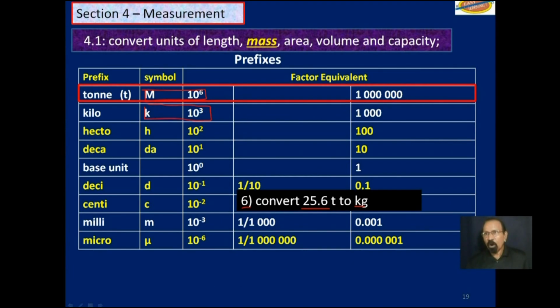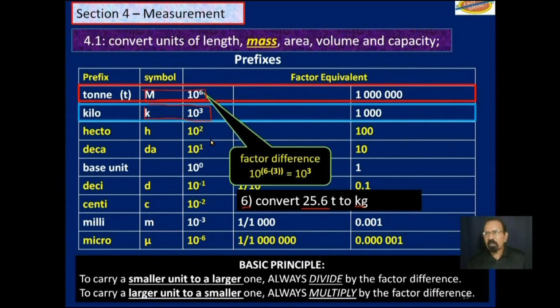We can use that, or we could apply the principle. Our factor difference is 10 to the 6th divided by 10 to the third. You subtract the indices and you get 10 to the third, which is 1,000. 10 to the third is 1,000. It's 1 with 3 zeros.